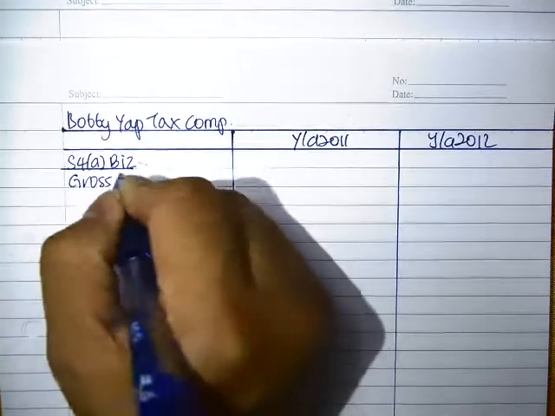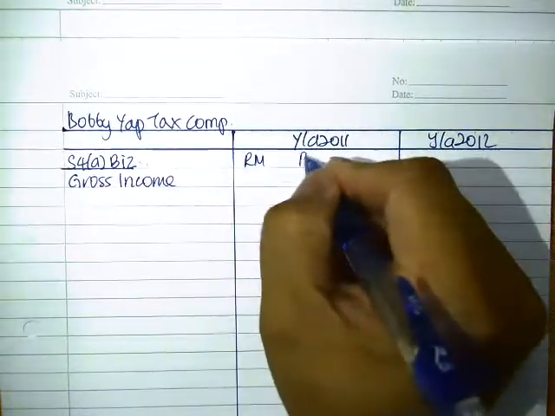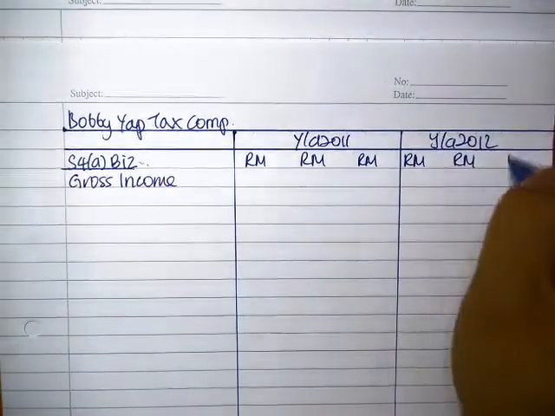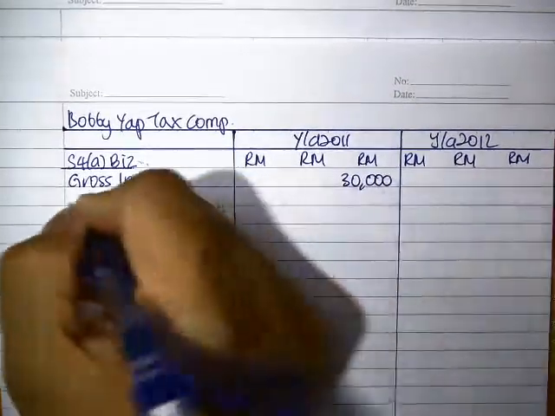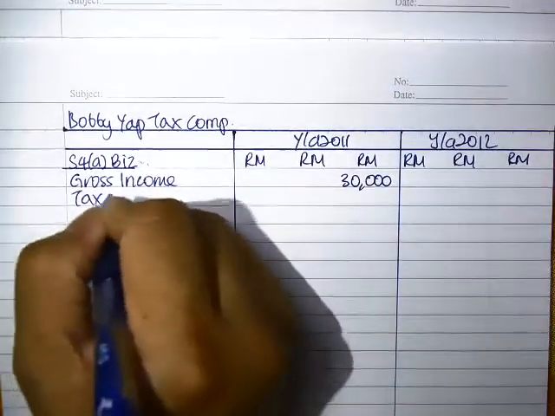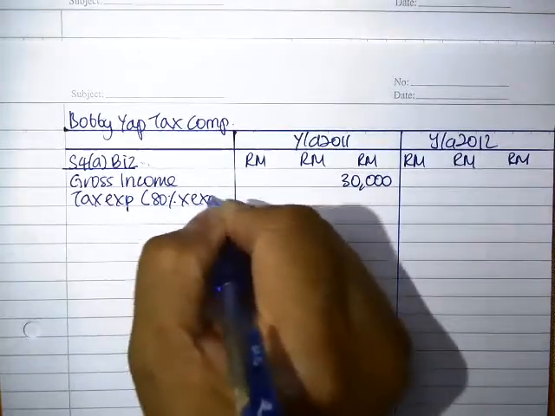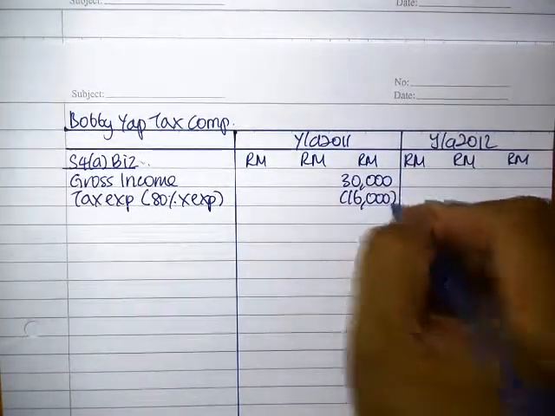The question gives you the gross, so you're going to start with gross, using 3 columns, 30,000. We're going to claim tax expenses, which will just be 80% of the expenditure. It's going to be 16.